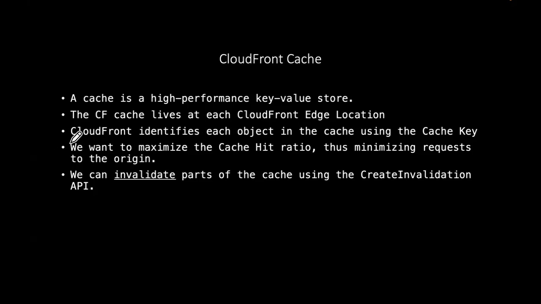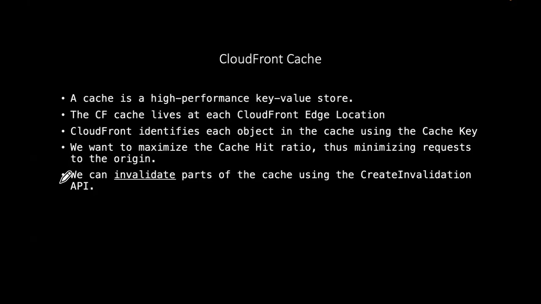What else are we saying? We want to maximize the amount of cache hits. That's always the case with caching. You can also do something called cache invalidation. If I change my React app, make some changes to the code, I'll have to do CDK deploy again to upload the new content to my bucket, to my origin.